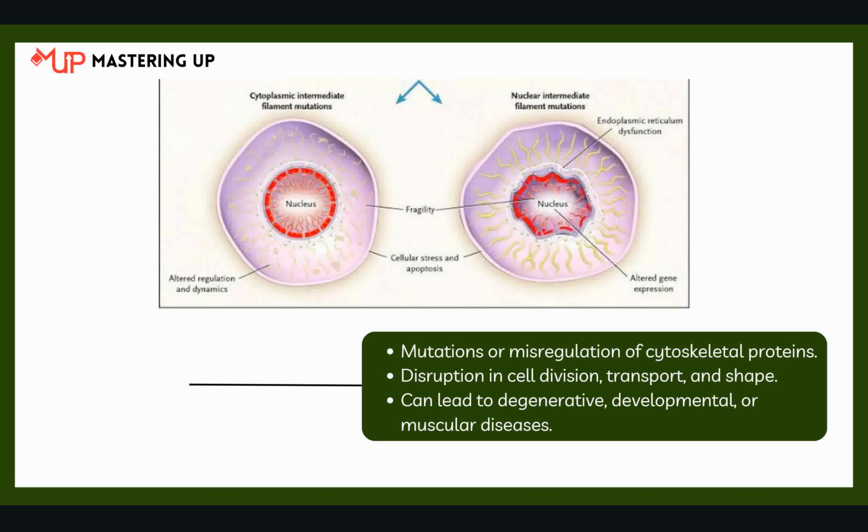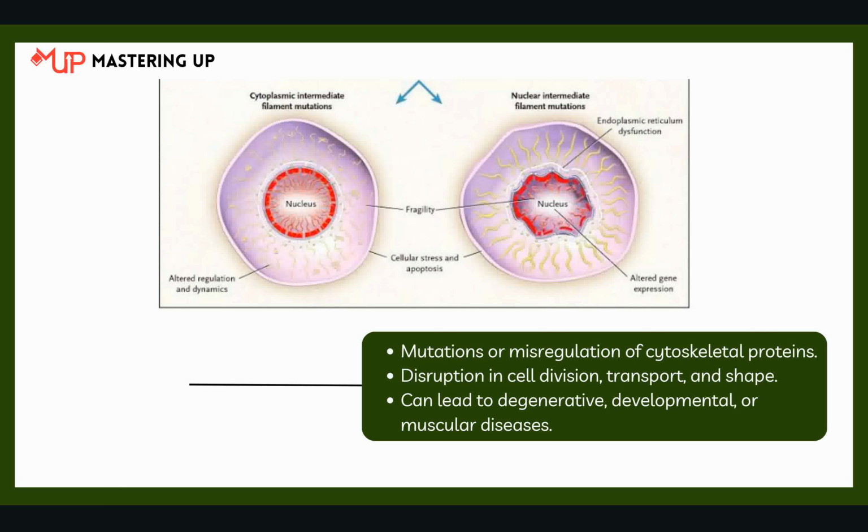For example, if microtubules are disrupted, intracellular transport may stall, preventing essential molecules from reaching their destinations. If actin or intermediate filaments are affected, the cell may lose its shape or fail to withstand mechanical stress.